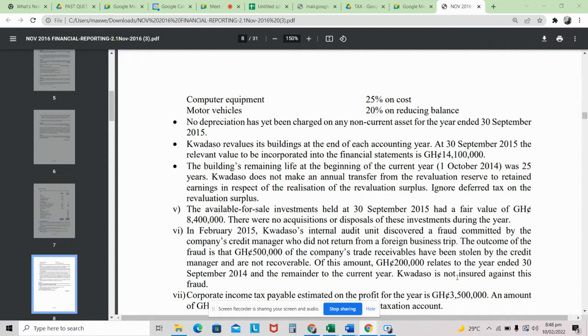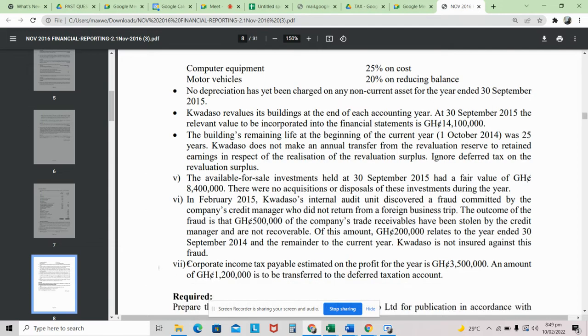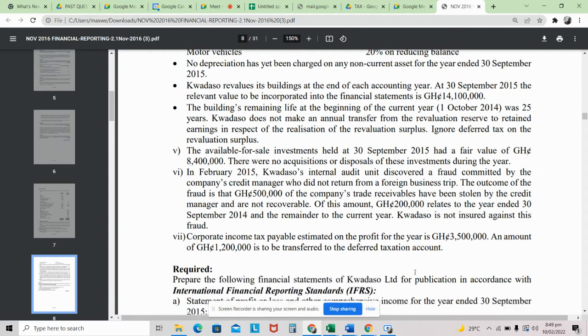Kwadaso is not insured against this fraud. Corporate income tax payable estimated on the profit for the year is 3,500,000 Ghana cedis. An amount of 1,200,000 Ghana cedis is to be transferred to the deferred taxation account.